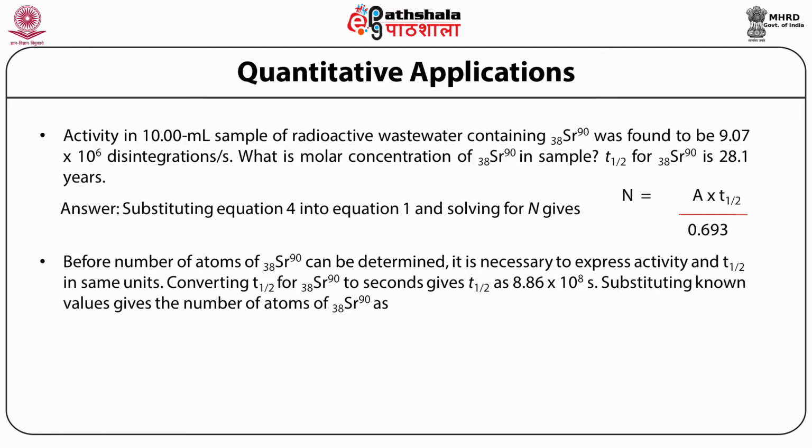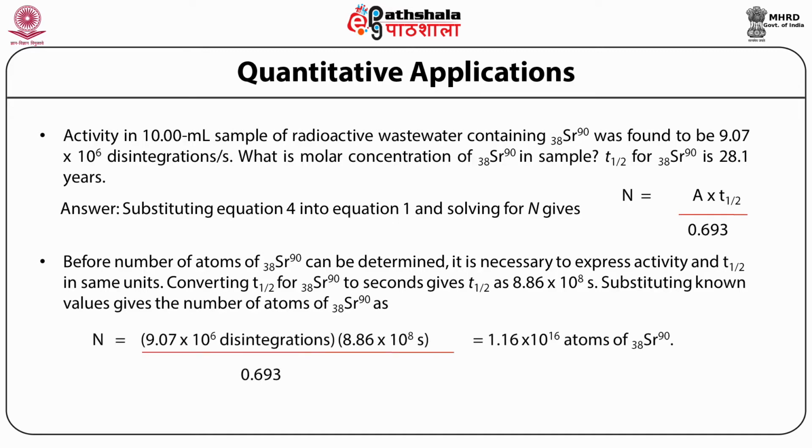Before the number of atoms of strontium-90 can be determined, it is necessary to express activity and t half in the same units. Converting t half for strontium-90 to seconds gives t half as 8.86 × 10^8 seconds. Substituting known values gives the number of atoms of strontium-90 as N equal to 0.07 × 10^6 disintegrations × 8.86 × 10^8 seconds upon 0.693.